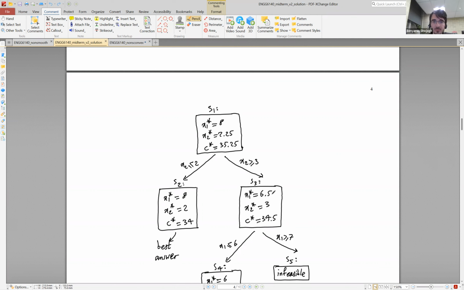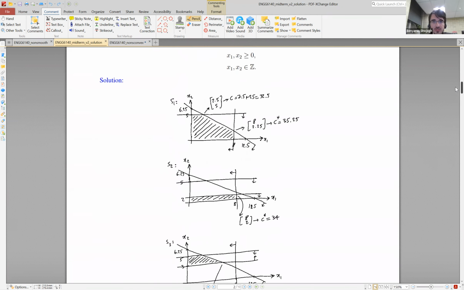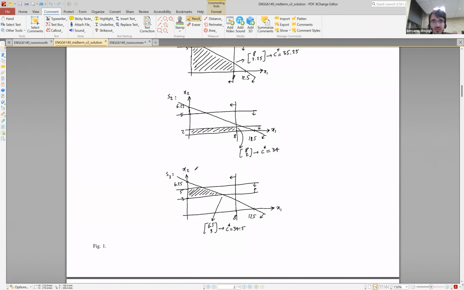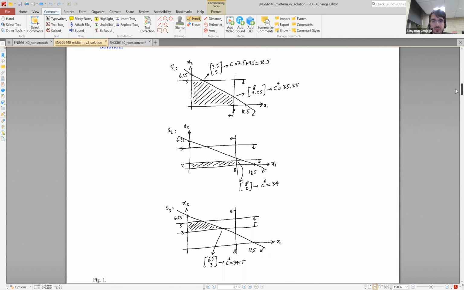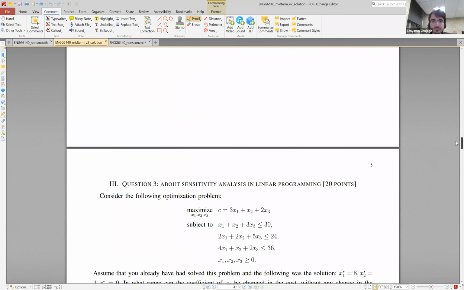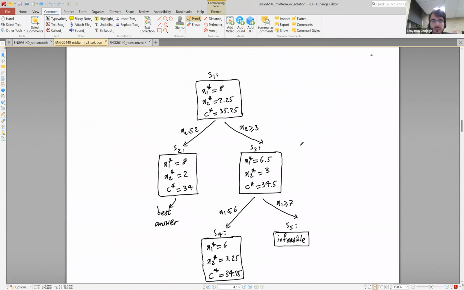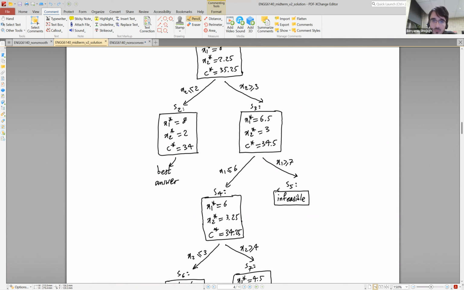And in S3, this is the visualization, where if we solve that, we'll see that x1 star is 6.5, x2 star equals 3, and c star equals 34.5. And then again, we can split more.